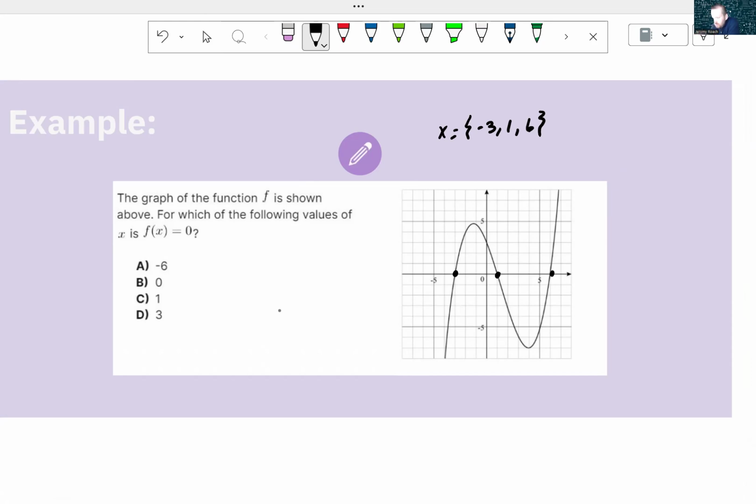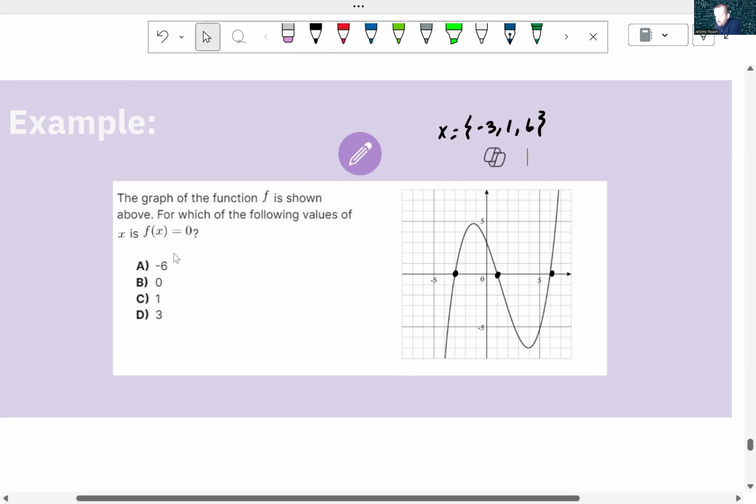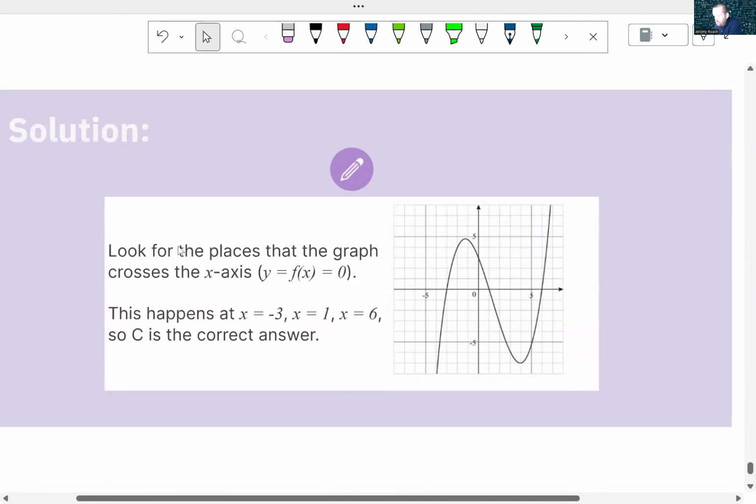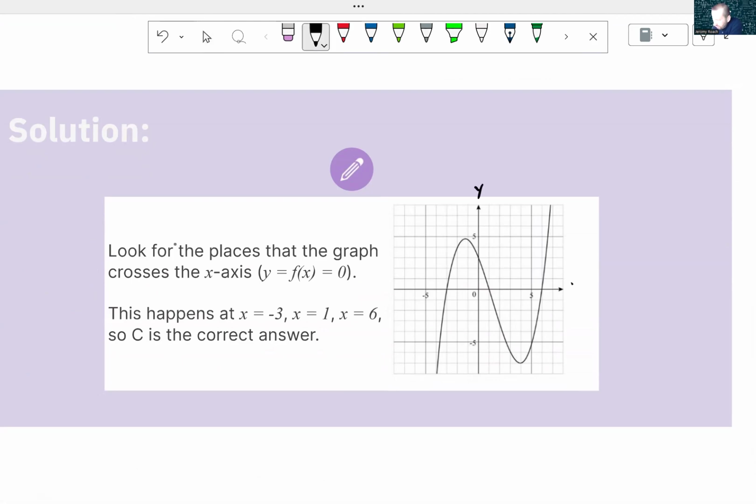This one says, for which of the following values of x is y equals 0? This one's a little interesting how they phrase it. I'm going to go down to our solution here. And that really just means our x-intercepts. So when y equals 0, here's our y, here's x.